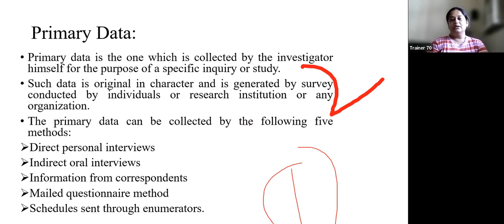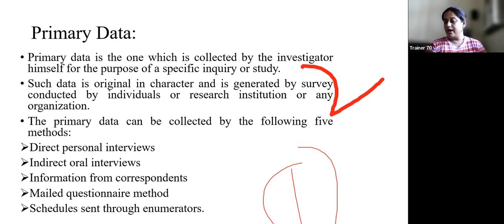The primary data can be collected by following 5 methods. So here are the 5 methods by which you can collect the primary data. The first one is the direct personal interview.